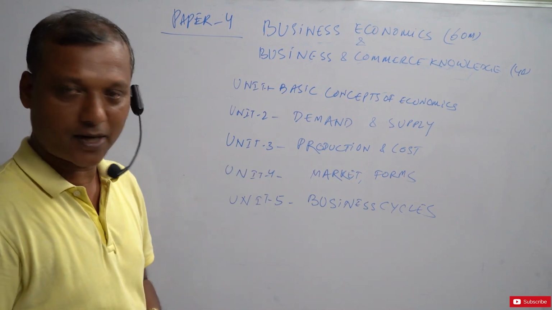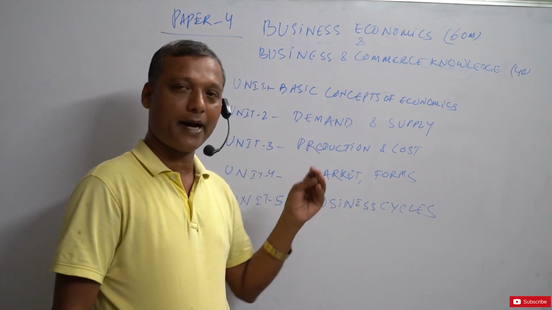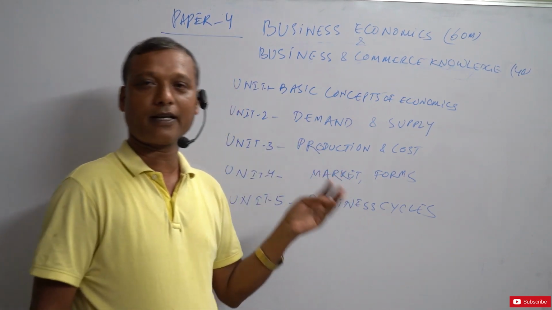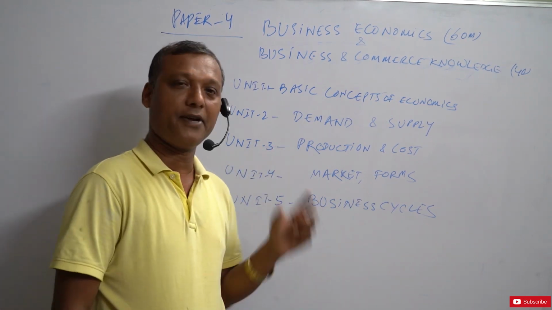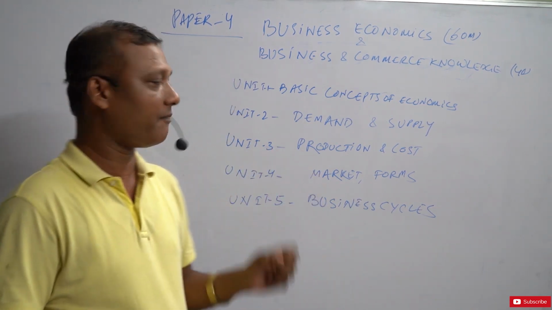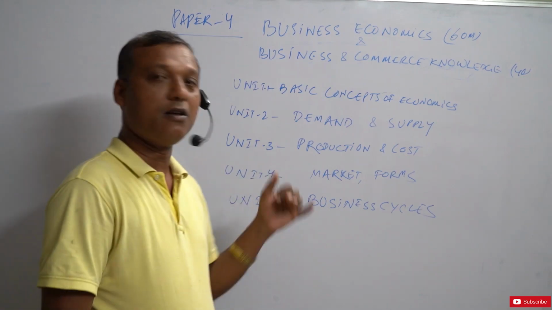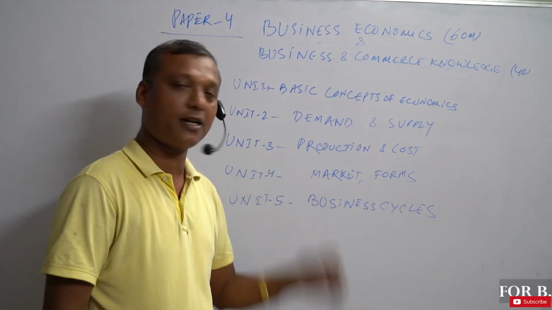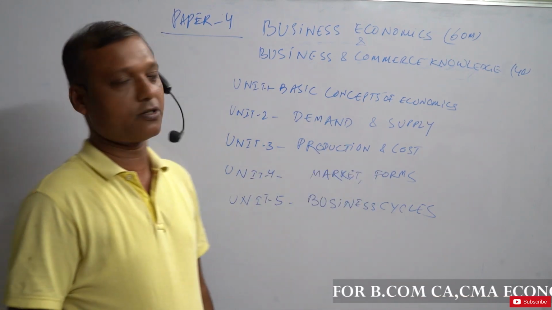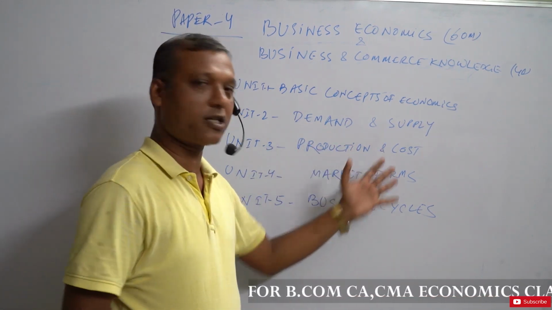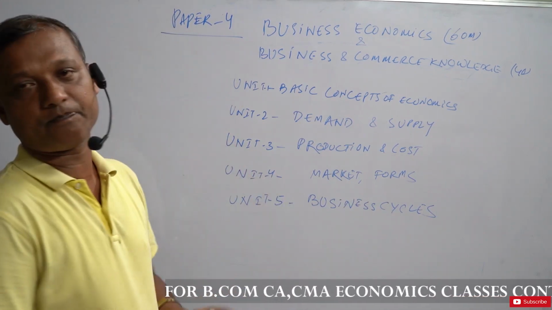What are the factors of production? You might have an idea about land, labor, capital, organization. These are the factors of production. We will study the features of land, features of labor, features of capital, and functions of the entrepreneur. After production, we will start costs. So production and cost belong to Unit 3.